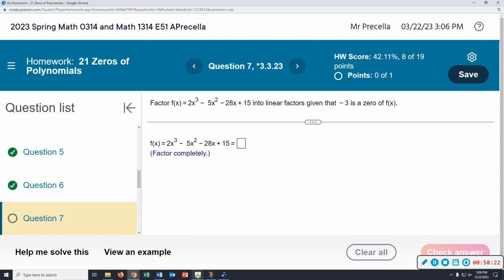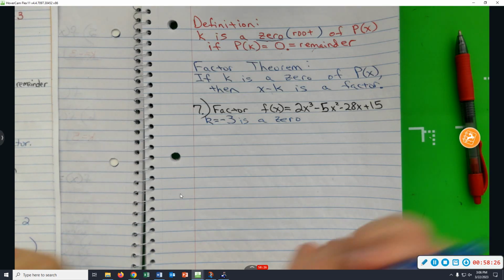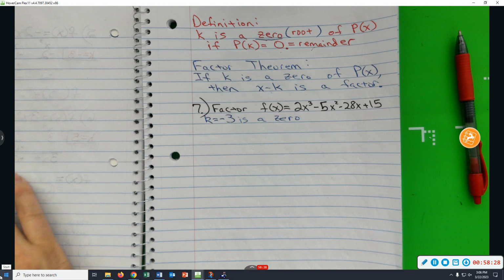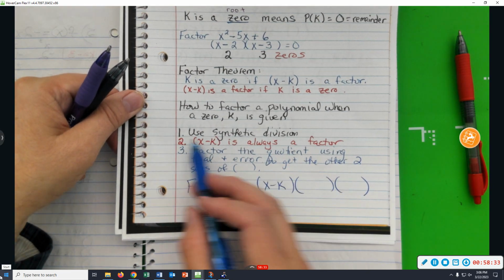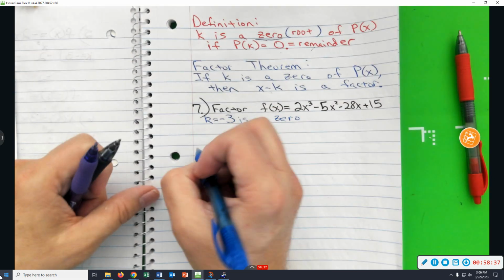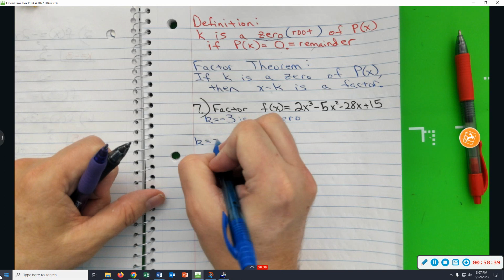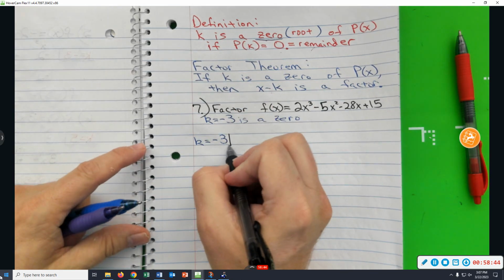So you're going to start off with your synthetic division, Tim? I sure am, Tony. That's what I just wrote in your little recipe: use synthetic division. That's the first thing we do when we're trying to factor a polynomial like this. Okay, there's my negative 3.